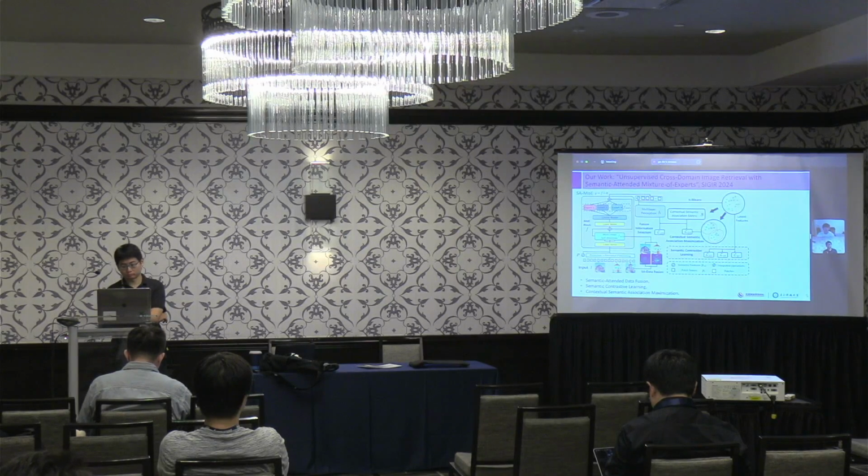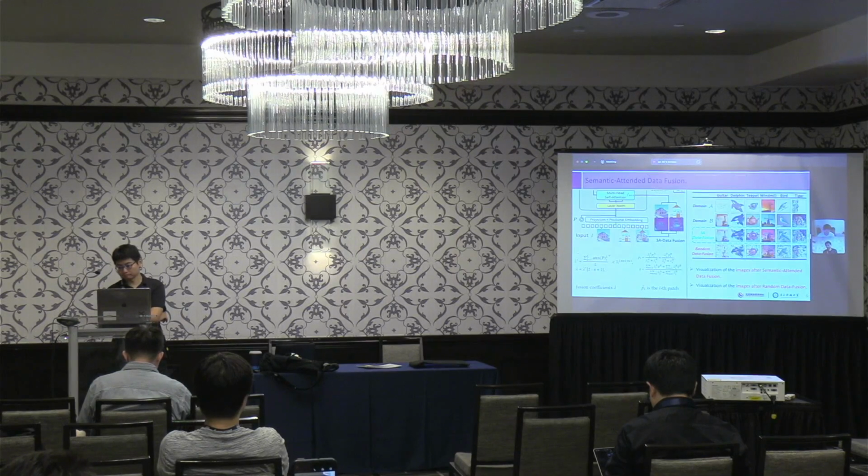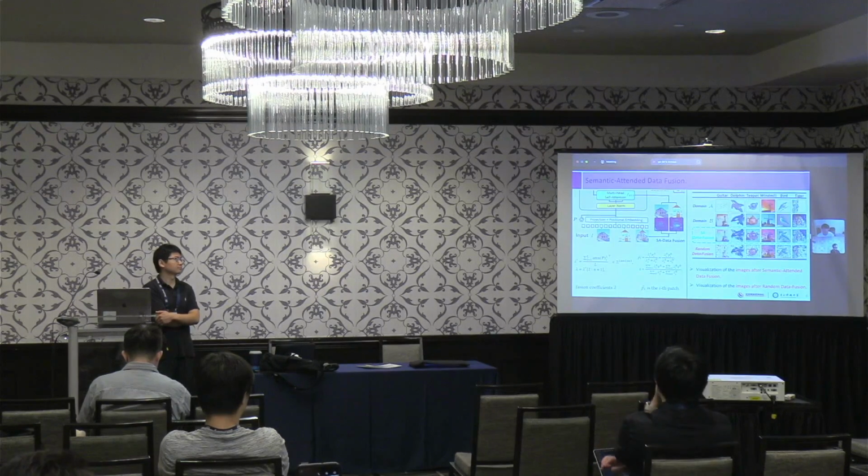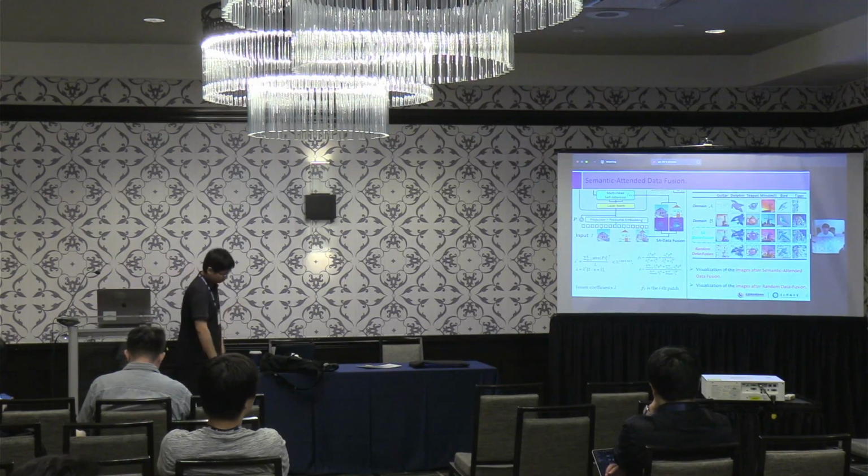The first is semantic-attended data fusion. We introduce semantic-attended data fusion to maximize the extraction of domain invariant visual semantics. We make full use of the vision transformer structure. We start by averaging the attention maps of each layer and then applying the weighted attention to the original images, as shown in the figure on the right.